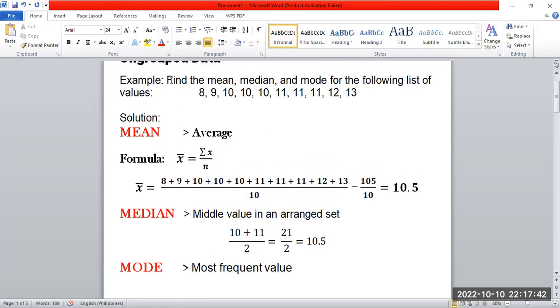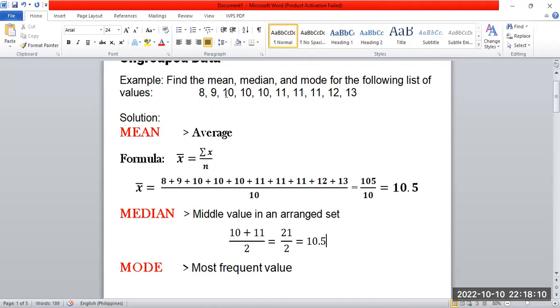So in this given set of data, as you can see, there are two numbers na repeating. We have 10 and 11. Pero you count between the two numbers, sino yung mas marami ang bilang? 1, 2, 3. We have 3 for the 10. Then 1, 2, 3. So we have 3 for 11. So parehas sila. And then wala naman ng mas nakakalamang sa kanila.